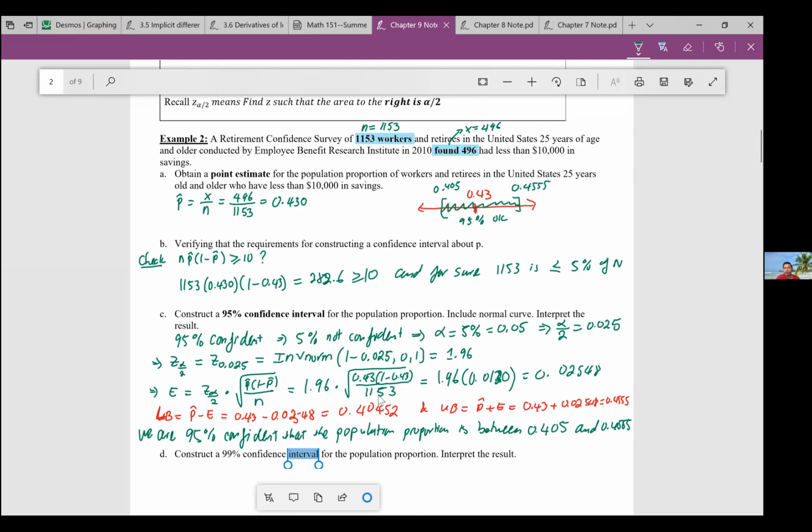So that's how we explain the result that we just found. It's acceptable. That's basically just saying we don't know exactly what the proportion is, but we suspect that it is between these numbers with 95% confidence. Okay, got it.